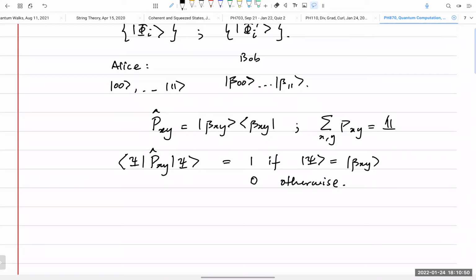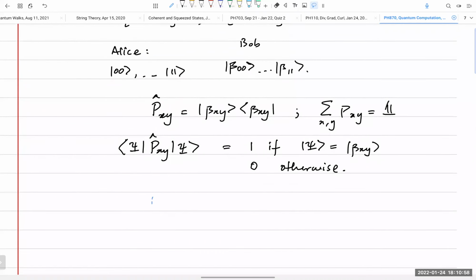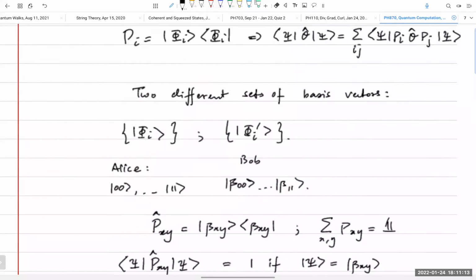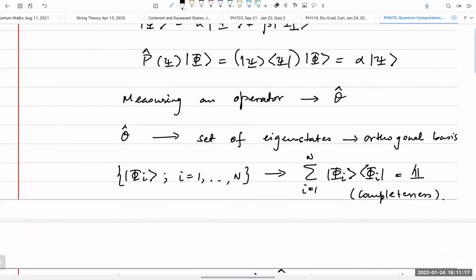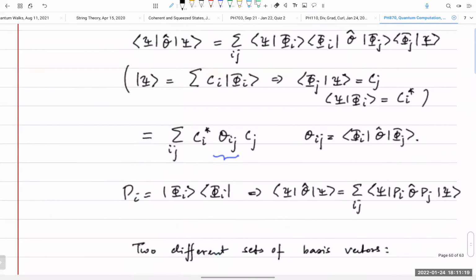And each one of these operators is Hermitian. You can see that by definition. If you take the Hermitian conjugate of this, you will get the operator again, right? So each one of these projection operators is a Hermitian operator.